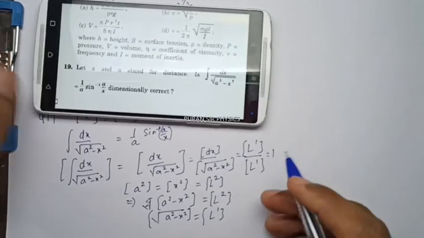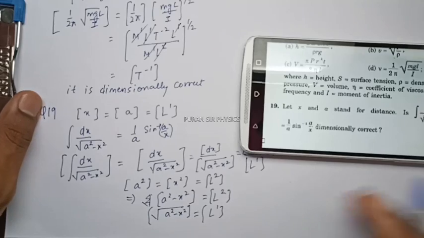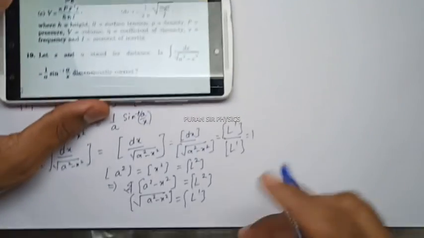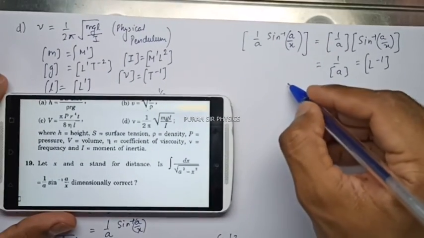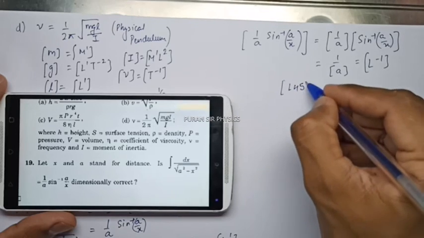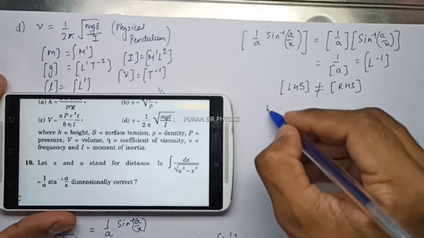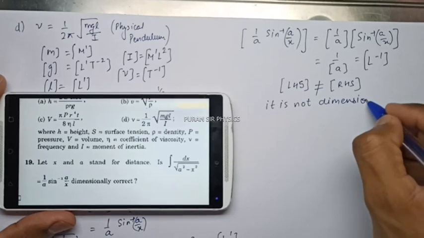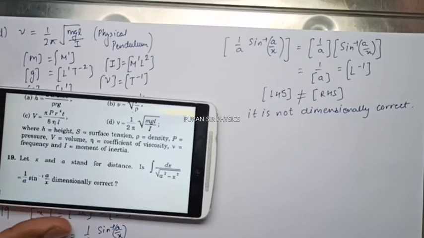So the left hand side is dimensionless and the right hand side has the dimension of l raised to power minus 1. So we can say the dimension of the left hand side is not equal to the dimension of the right hand side. So we can say it is not dimensionally correct. So this is the answer of question number 19.